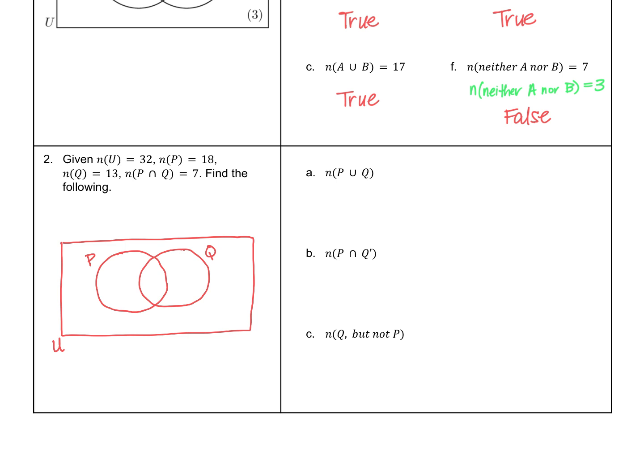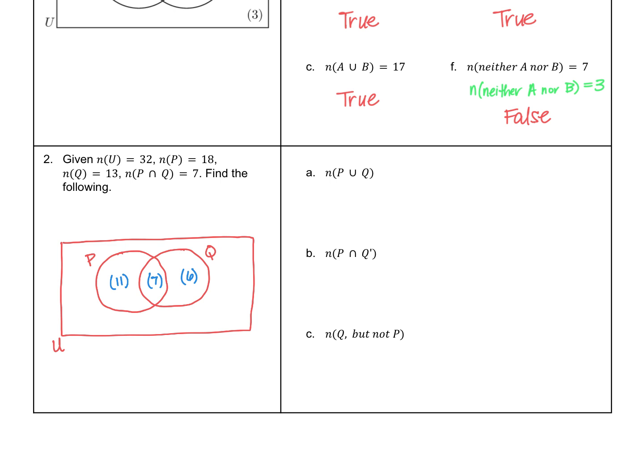All right. And remember, we can represent these inside of parentheses so that you won't be confused. So I will have 7 here and 6 here inside of parentheses. If the set P has 18 elements in it, and I already have 7 of them in the intersection, then that leaves me with 11 elements that are not in the intersection but are in P. So if we add up 7, 11, and 6, that will give us 24.